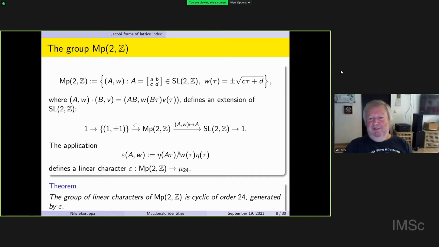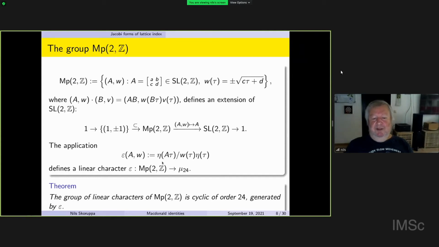So we know that this is a 24th root of unity, and it's of course a linear character of Mp2(Z), a homomorphism into the group of units of order 24. And actually, this one generates the group of characters of Mp2(Z) because there are only 24 characters, and this group of characters is cyclic. Okay, so that is one thing that we need.